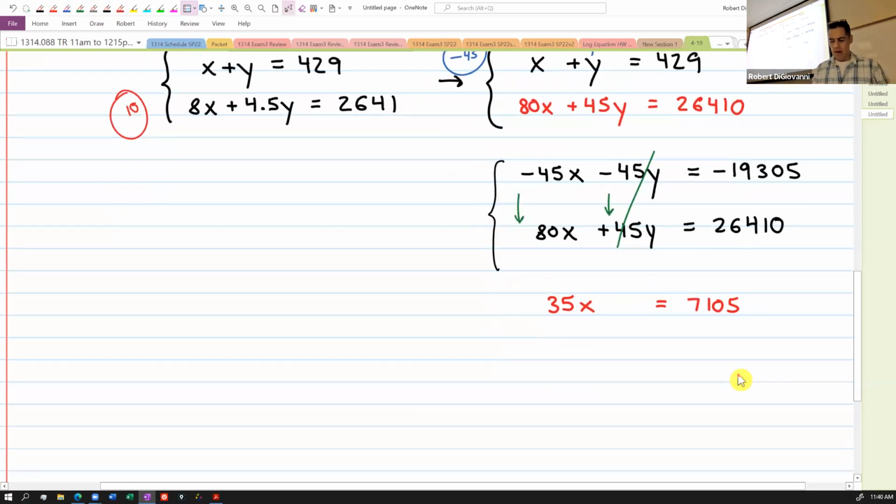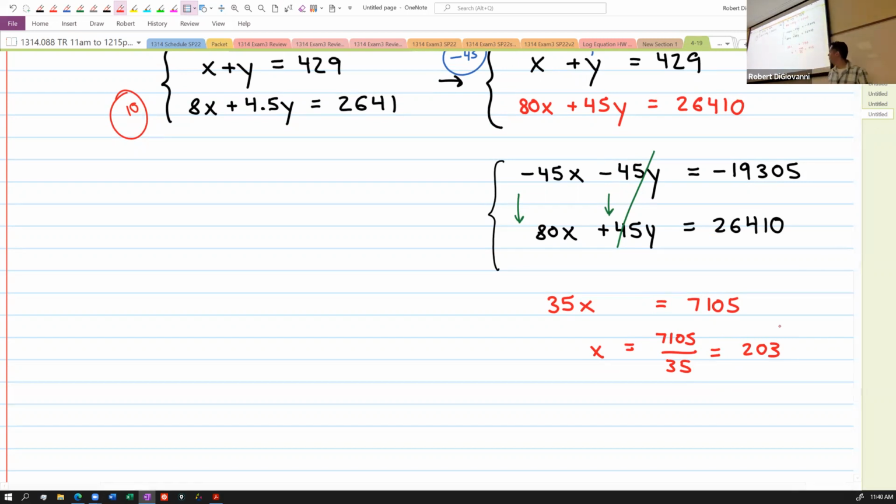Okay, thank you. And now we'll just divide both sides by 35. Is it a nice number? What is it? 203. So this step, all I did was divide both sides by 35. So X is 203.